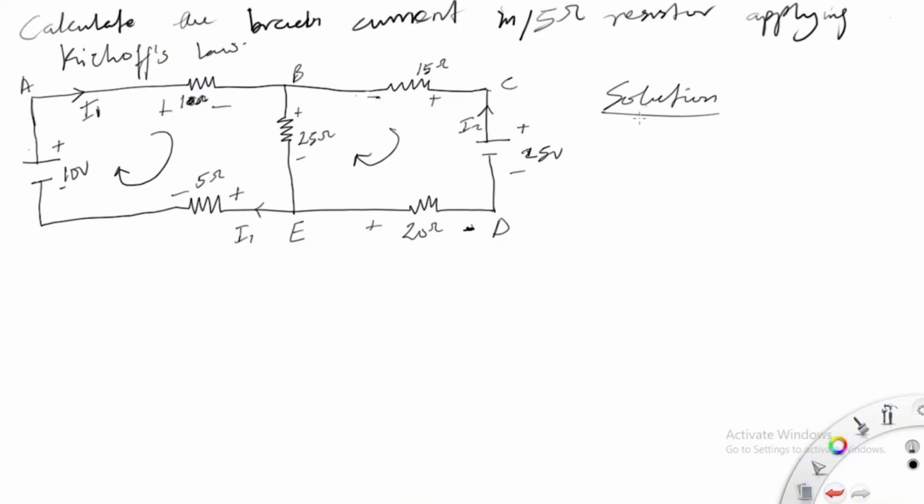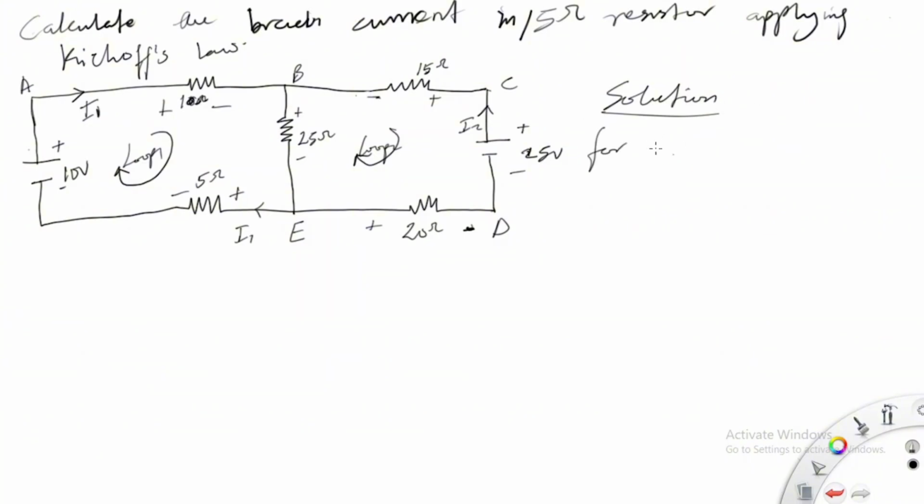We are going in a clockwise direction to solve this. Here we have I1, a 10 ohms resistor, 15 ohms, here 25 volts, here a 20 ohms resistor, here 5 ohms, and here we have 10 volts. Let's say this is loop 1, this is loop 2.